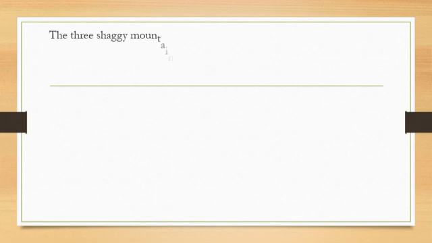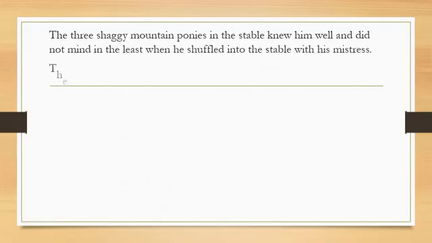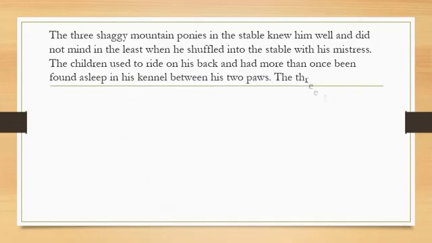The three shaggy mountain ponies in the stable knew him well and did not mind in the least when he shuffled into the stable with his mistress. The children used to ride on his back and had more than once been found asleep in his kennel between his two paws.